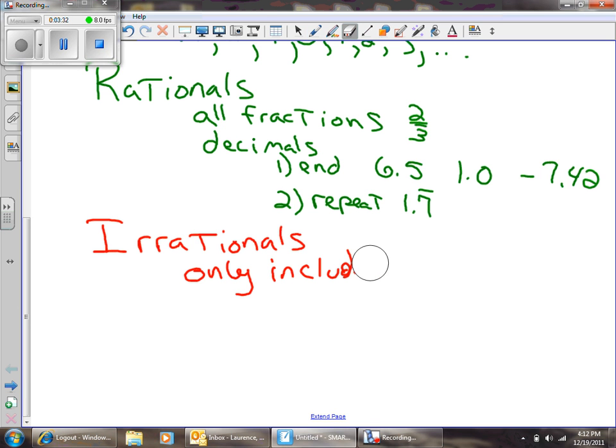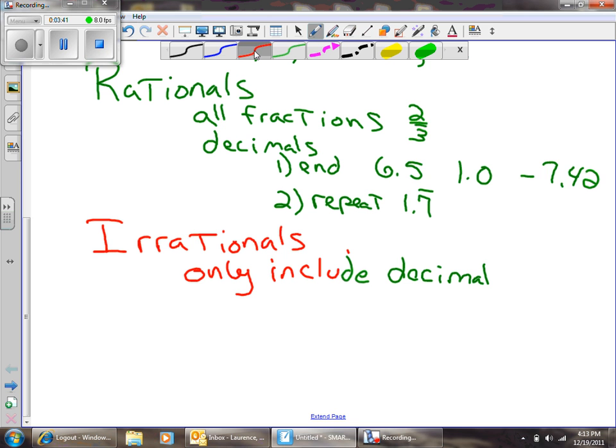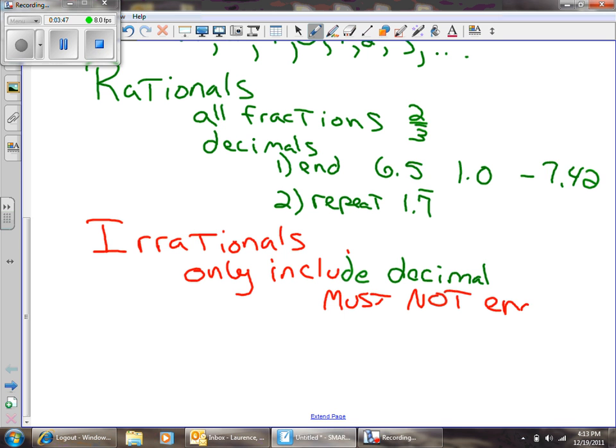Let me rewrite that for you. Include decimals. And those decimals must not end nor repeat. They can't end, they can't repeat.